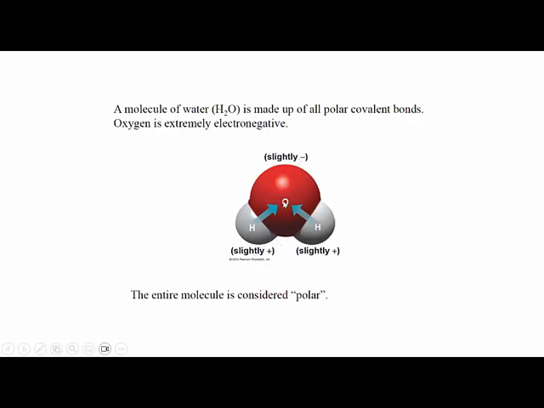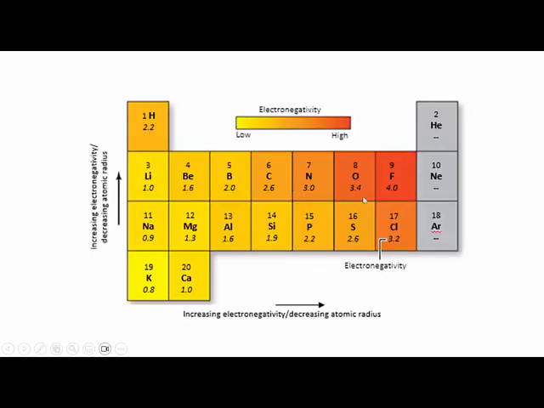So this is actually a molecule of water. 2 hydrogen atoms are sharing with 1 oxygen atom. And if you go back to the electronegativities, the electronegativity of oxygen is much, much higher than that of hydrogen. Dark orange versus kind of a darker yellow.